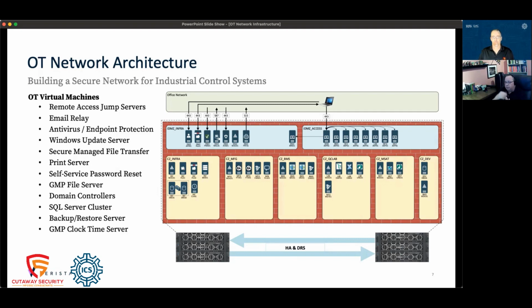You can also do it the other way. The next one over, the one with the check mark, is our WSUS server, our Windows Update server. And again, it can grab updates from the Office network and use it to actually update the servers and workstations that are in the control zone.